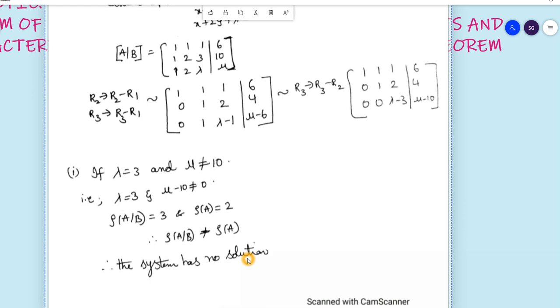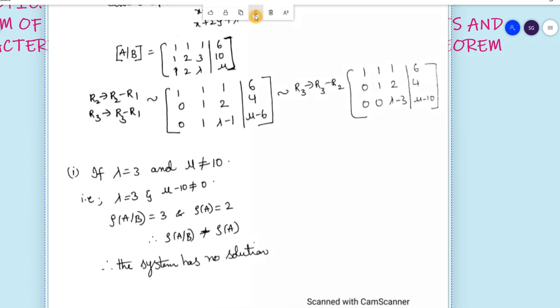So if lambda is equal to 3, then rank of A is equal to 2. And if mu is equal to 10, then rank of AB is equal to 2. Those two are equal. So here lambda should not be equal to 3, or mu should not be equal to 10.